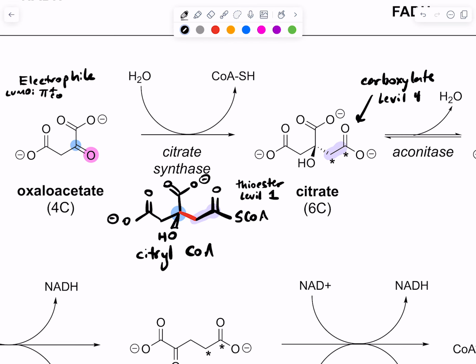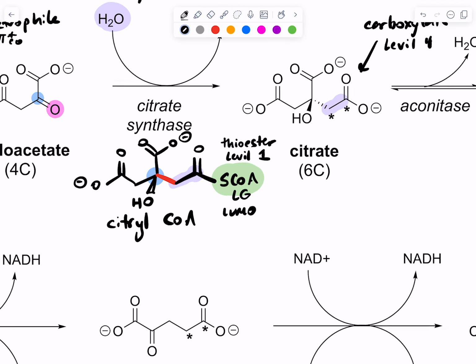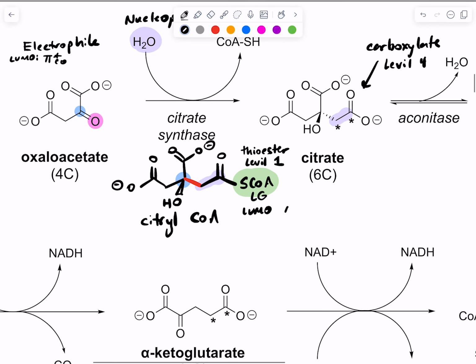So what's happening here is that the thioester now, the coenzyme A thiol, is acting as a leaving group, and water is acting as a nucleophile. What is the LUMO of a thioester? Yeah, I hear some of you saying it, carbon-oxygen pi star.